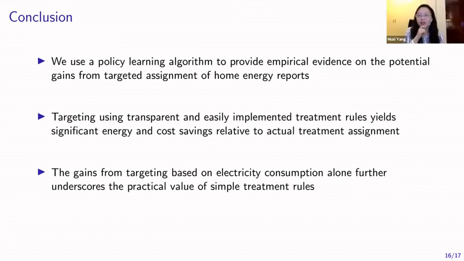Yeah, there's a very big literature. There are quite a few studies that look at mechanisms behind those behavioral interventions, those behavioral responses, whether households reduce consumption because they feel peer pressure, or a sense of social responsibility, or a moral responsibility.